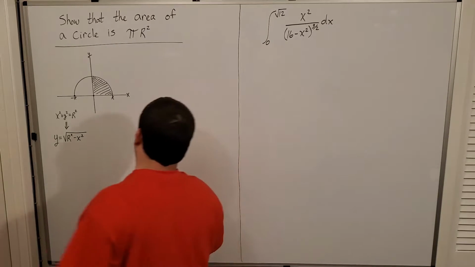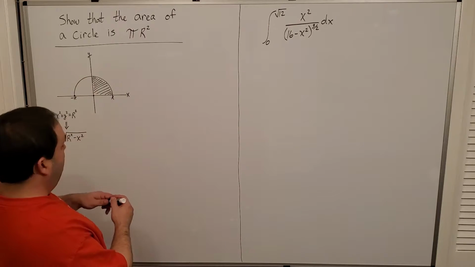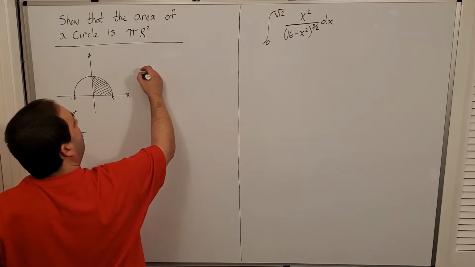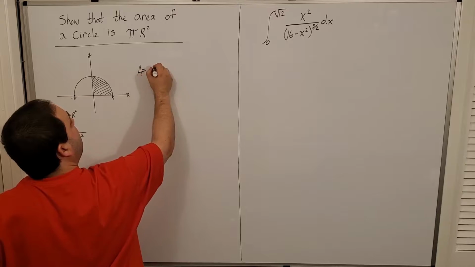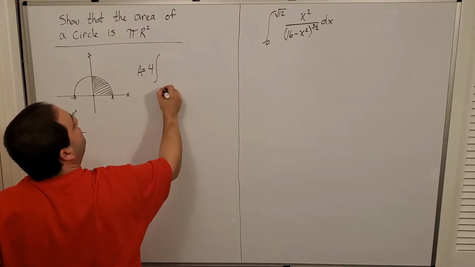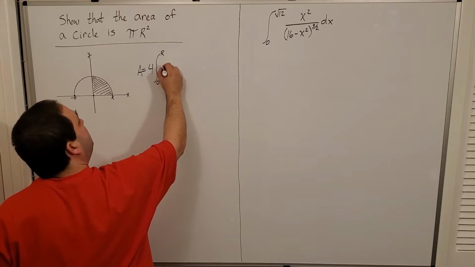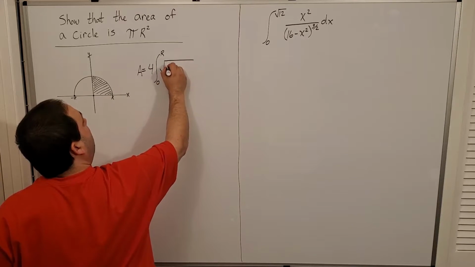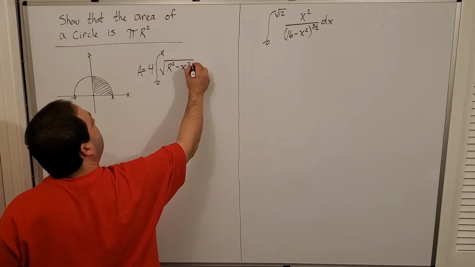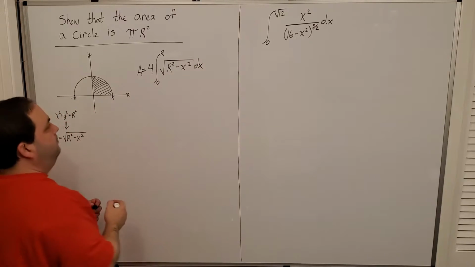So then what I'm actually going to be doing here is getting my area is equal to 4 times the integral from 0 to r of the square root of r squared minus x squared dx.